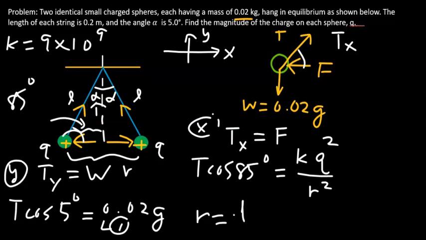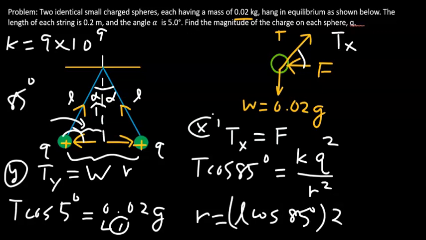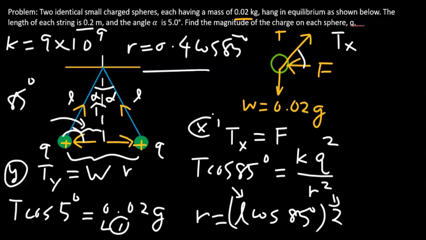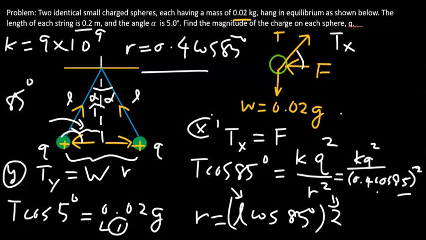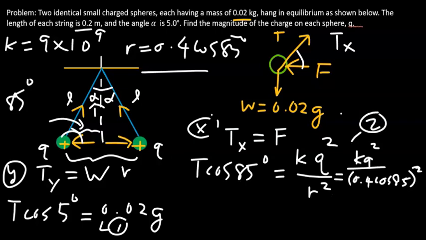It is just L cosine of that angle, 85 degrees, times 2. L is the length of the string, which we know to be 0.2 meter. So R is 0.2 times 2, which is 0.4, times cosine of 85 degrees. So the right-hand side is just kq squared over 0.4 cosine 85 squared. And this is equation 2.